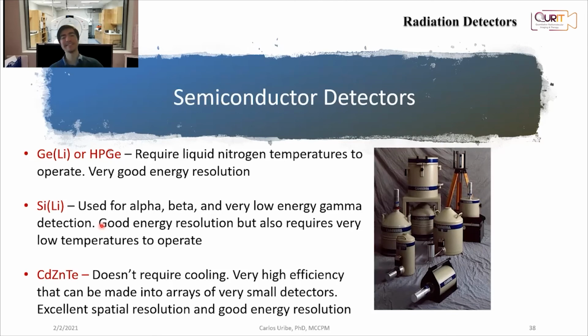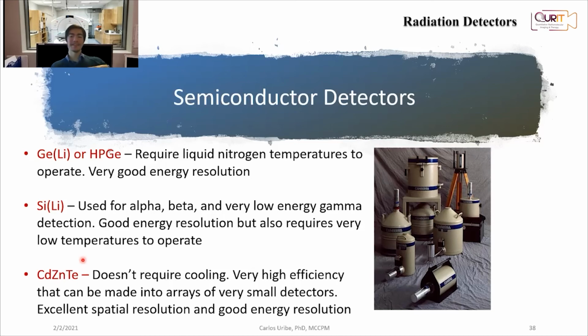Now, in recent years, to address these issues, people found these new types of detectors, which are called cadmium zinc telluride. Well, we just refer to them as CZT. And the main advantage of these detectors, again, they're solid state detectors, is that they don't really require cooling. They are very efficient.